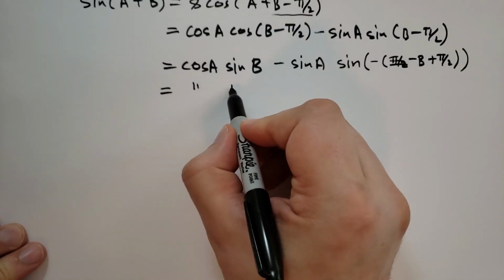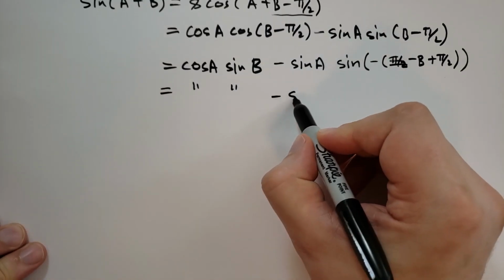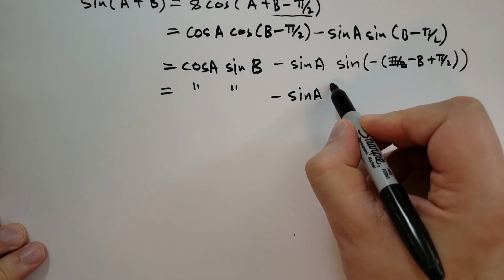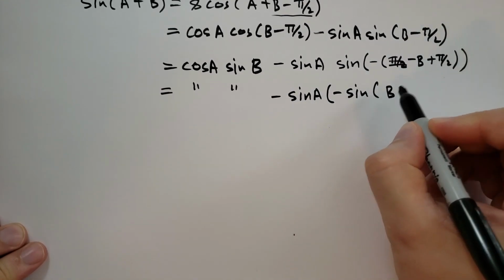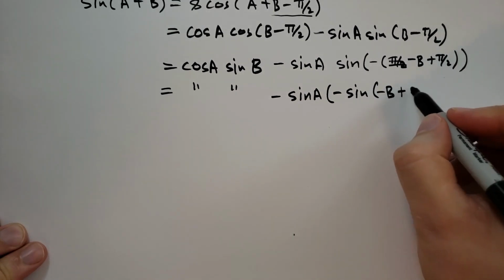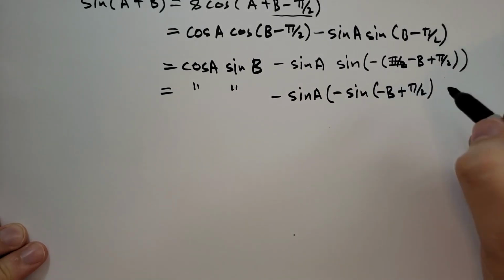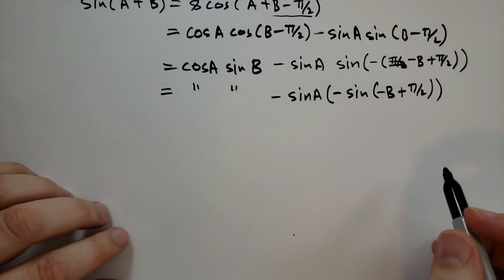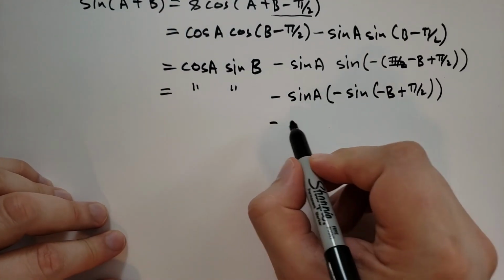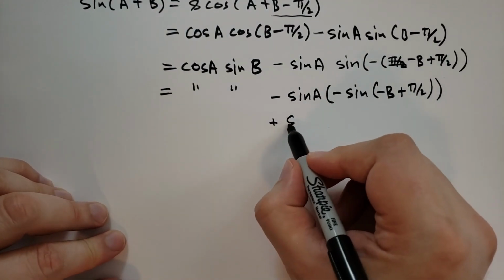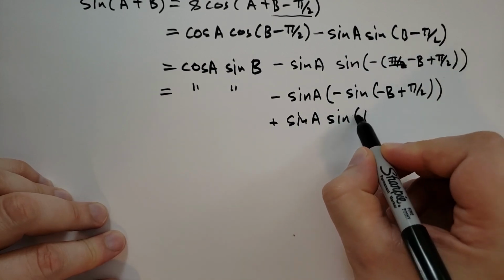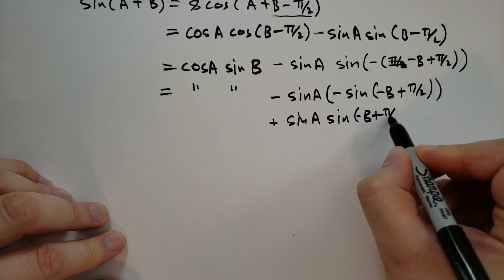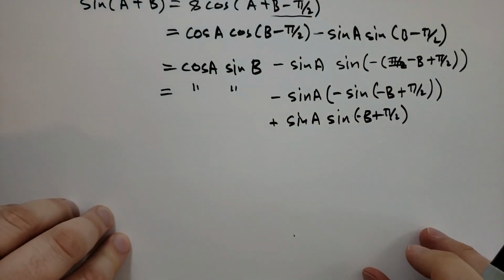Minus sine of A times minus sine of minus B plus pi over 2. And so that's minus times a minus, which is plus sine A times sine of minus B plus pi over 2.